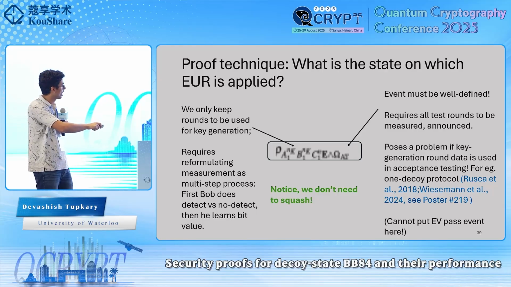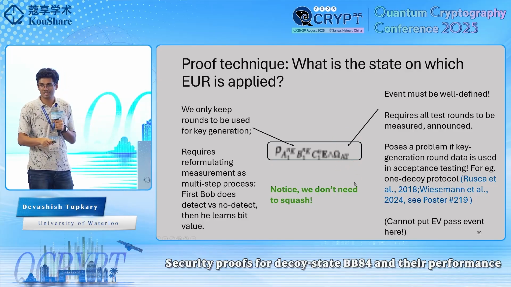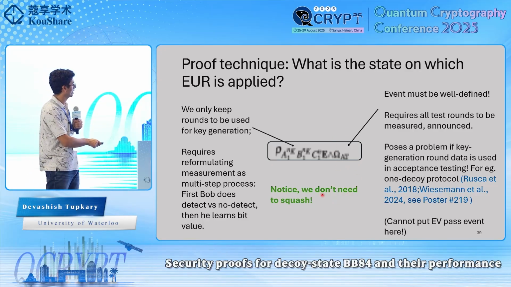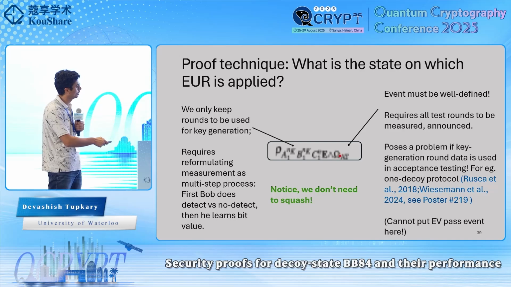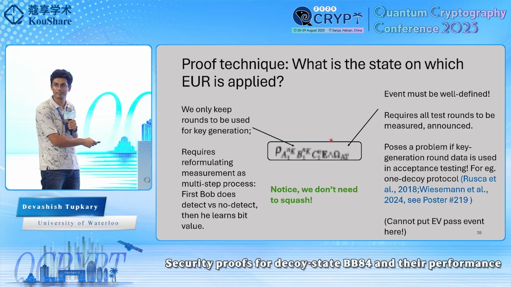The problem comes in only if the way you decide to accept the protocol depends on what measurement outcomes you get from these systems. If you have a protocol that does that, then you can't write down this state, because in order to say whether this event occurred or not, you have to know what the outcomes of these measurements were, but you have not actually performed them.